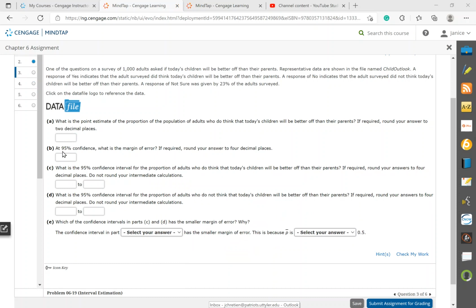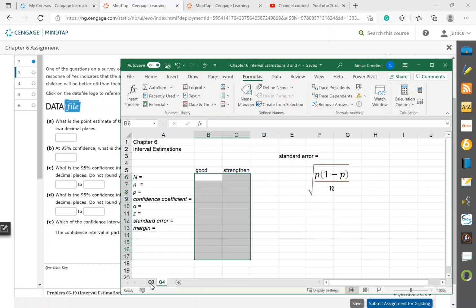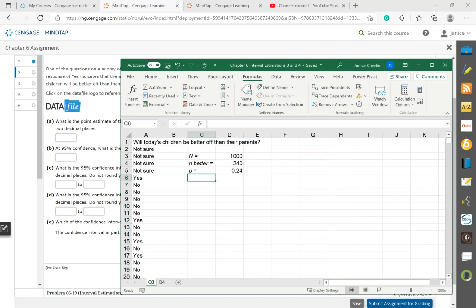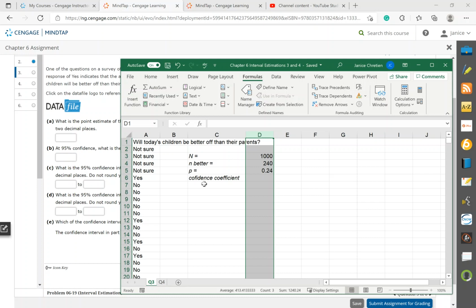Now I'm asked, at a 95% confidence, what's the margin of error? So to determine this, I'm going to have to plug in some other things that go here. What I'm going to need is my confidence coefficient. I'm going to need my alpha.